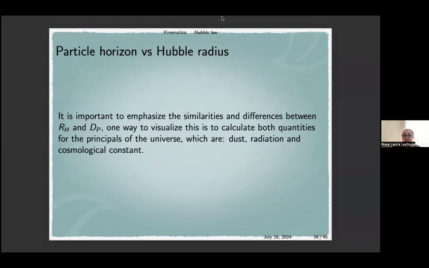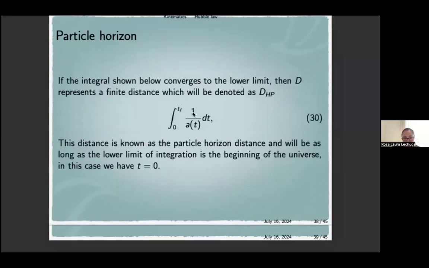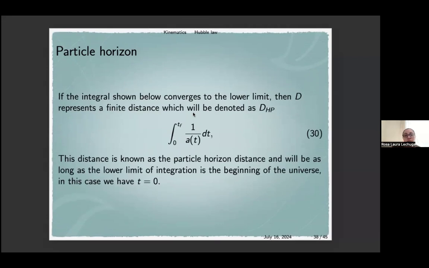I'm not sure if you had a cosmology course previously, but if you work with cosmology, you can see that the scale factor A has a different form for the components that fill the universe, for example, the dust, the radiation, or the cosmological constant.